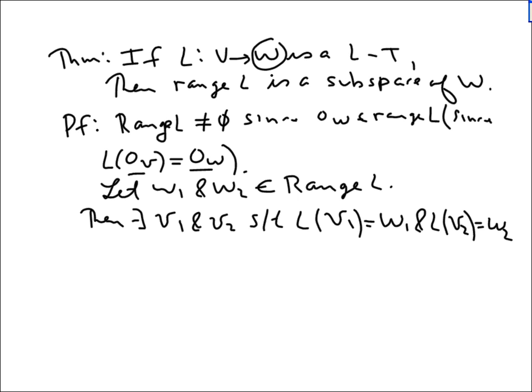That's how W1 and W2 came to be in the range of L. I was able to find L of something, whether I called it V1 or not, that gave me W1, and L of something that gave me W2.